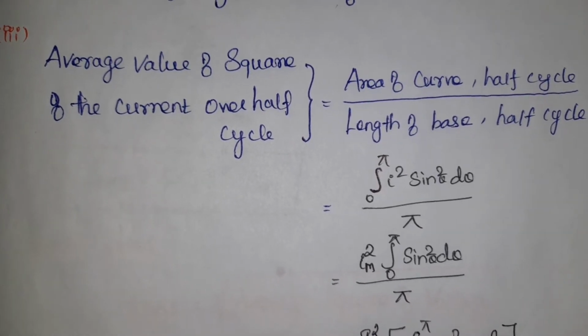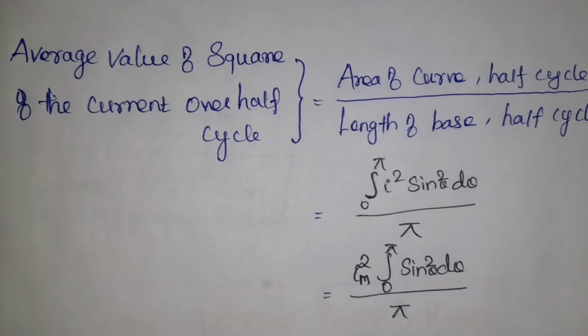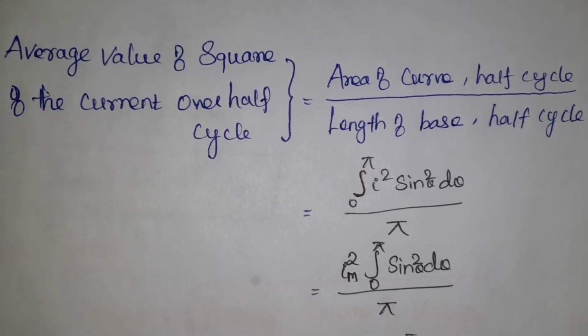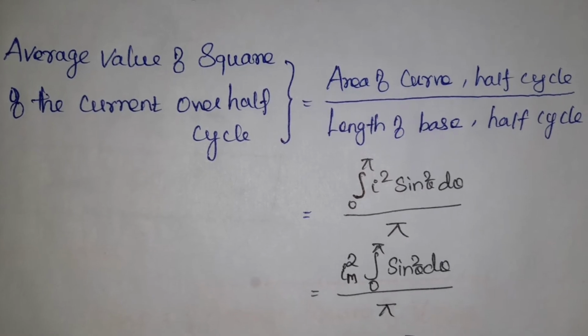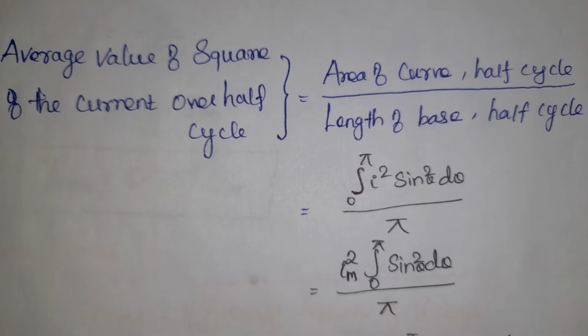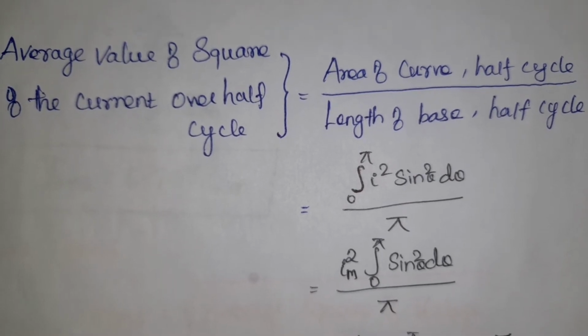Third, the average value of the square of the current over a half cycle is equal to the area of the curve, the strip value, divided by the length of the base. The length of the base means the total cycle for the positive cycle.